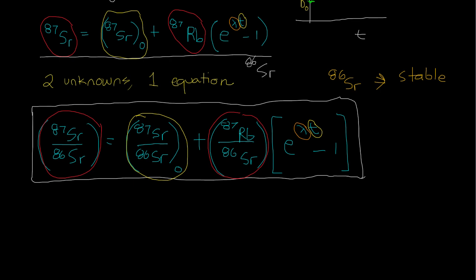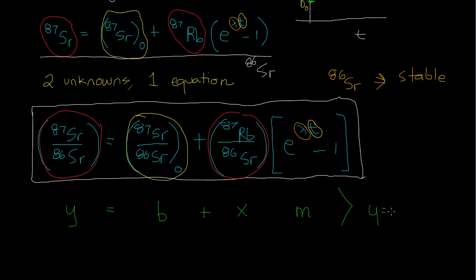Additionally, if we define these variables, let's say this equals y, this equals b, this here equals x, where x and y are the variables we can measure, and this over here equals m, what we have is the equation of a line.